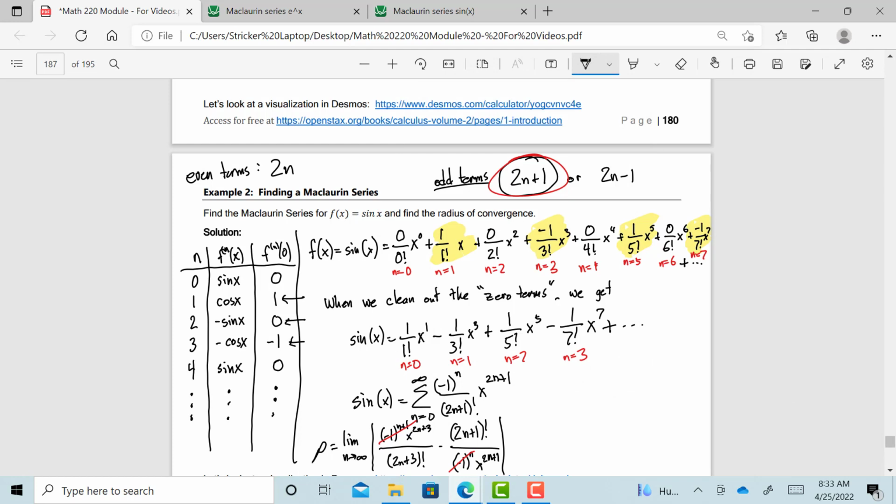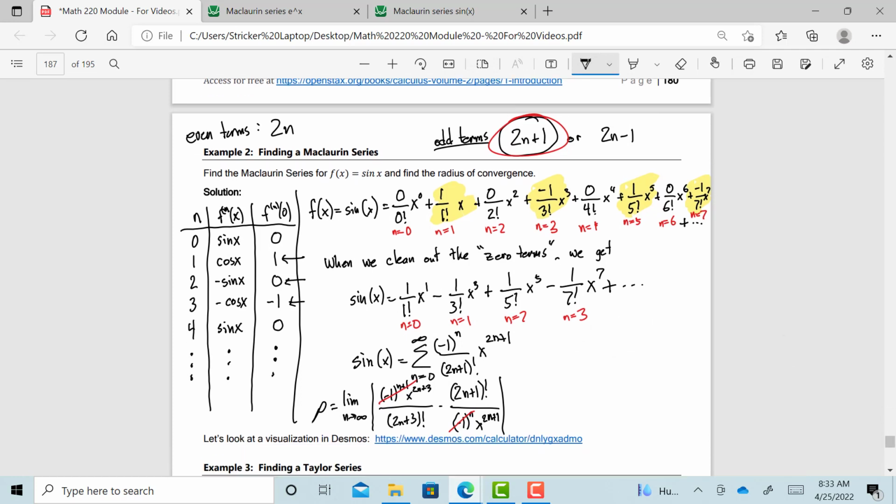And then simplifying, we are going to get the limit as n approaches infinity. On the top, everything's going to cancel except we're going to get an x squared left. And on the bottom, remember, now this is important.